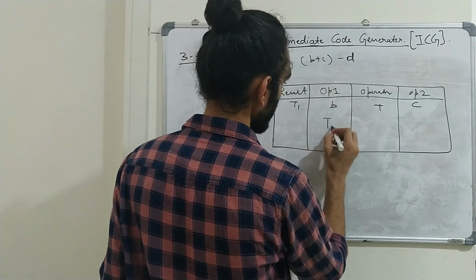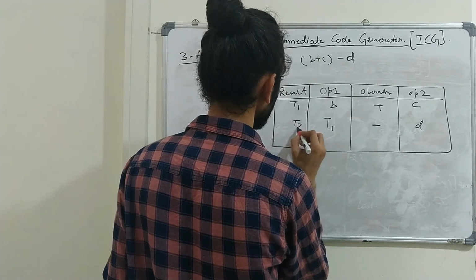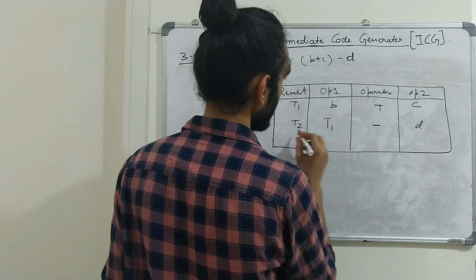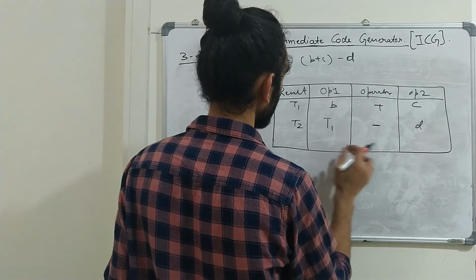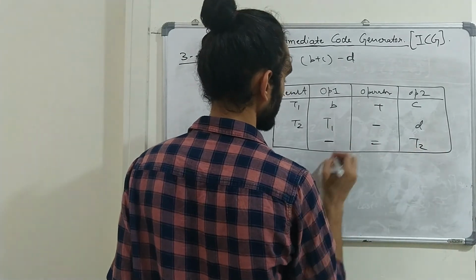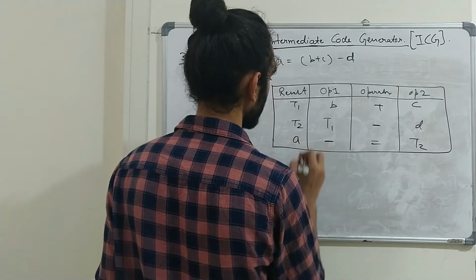Then this T1 minus D, this is going to be stored in T2. Then this result T2 is going to be stored in A.